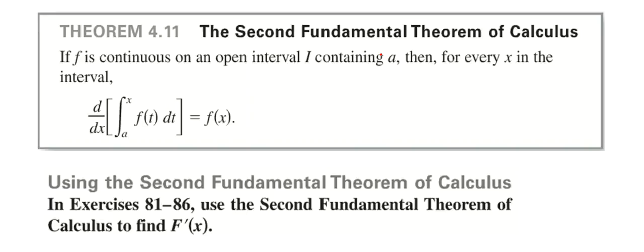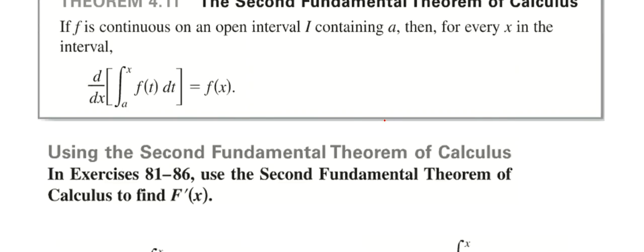So if we find the derivative of the antiderivative, and it has to be from some number a to x of f of t dt, that's equal to f of x, which can save us some work and time with some of these problems.